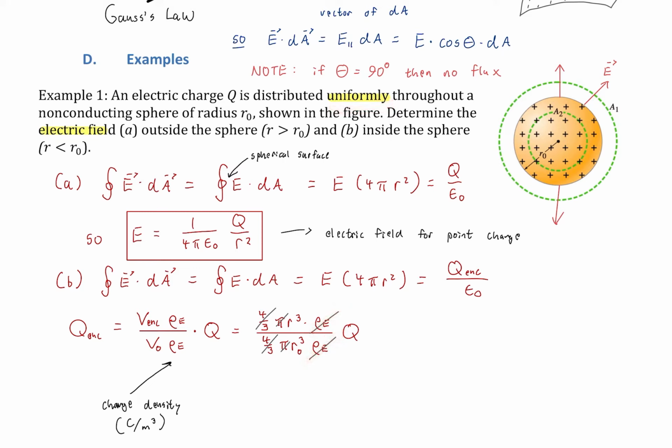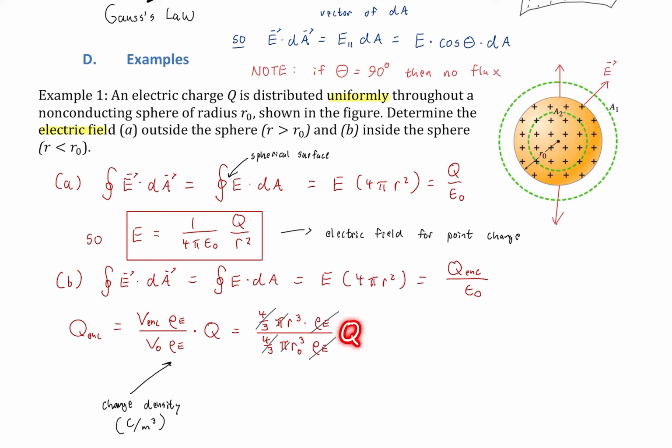So that means this rho term here just cancels out, as does the volume for the entire sphere. So look at the only thing that doesn't cancel: the variable r and the overall r naught. This is some smaller r, and this is the overall value, the actual permanent radius. In other words, r naught is a constant, r is a variable.